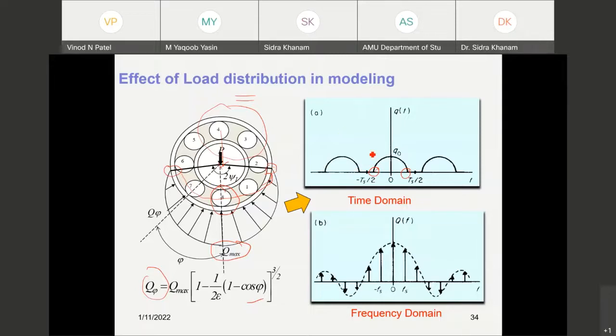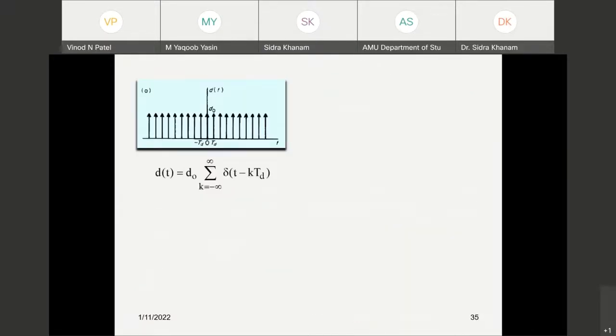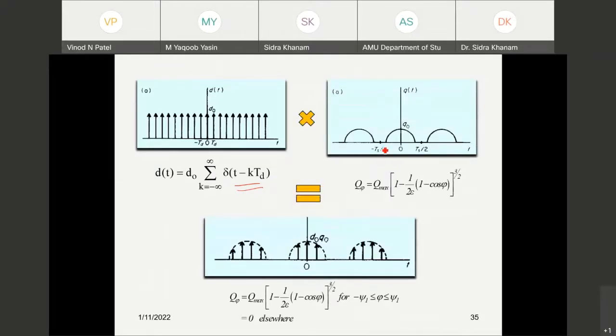And if we multiply this with the impulse train, suppose this particular impulse train, which is derived using the delta function, we multiply it with that loading condition.